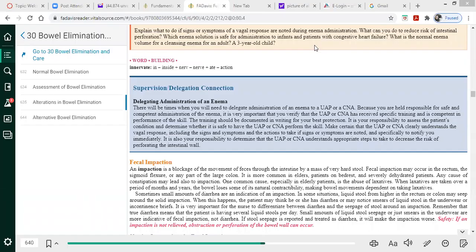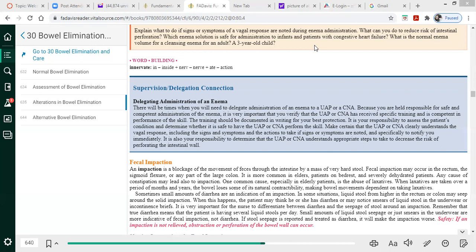Fecal impaction is a blockage of hard stool. One of the common causes of fecal impaction is laxative abuse. Typically, patients who experience fecal impaction may report, "Hey, nurse, I think I have diarrhea," because they see some streaks of diarrhea in their underpants.